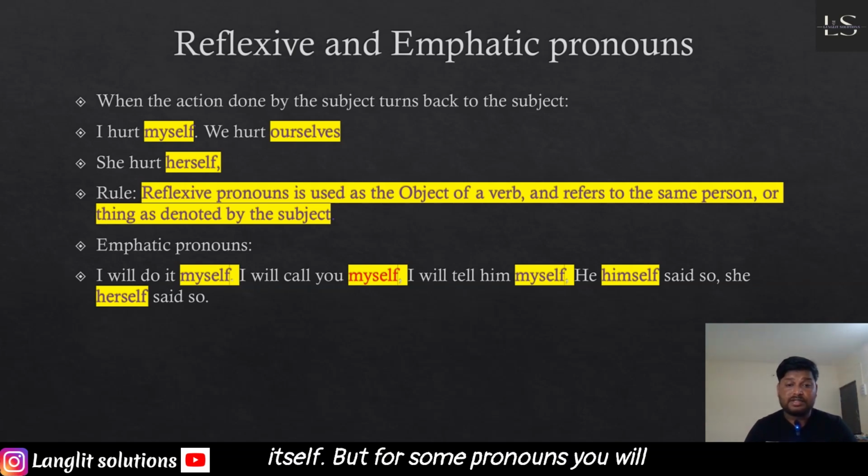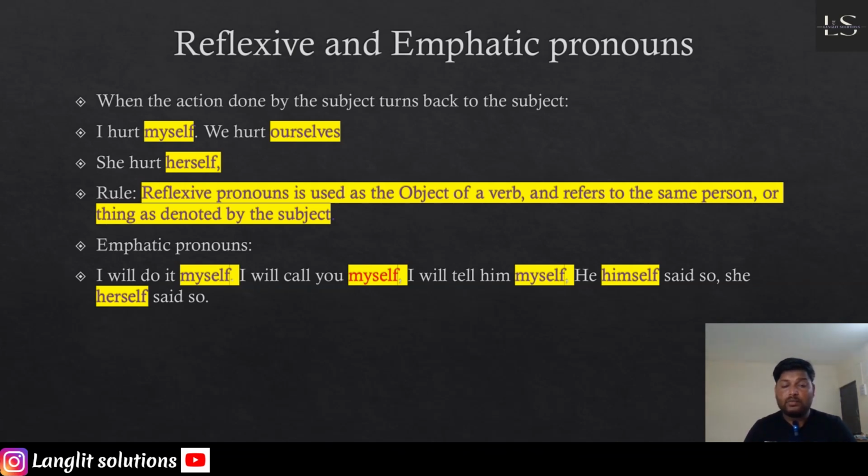But for some pronouns you will not be using self, you will be using selves. For example, we hurt ourselves. We are not saying ourselfs, we are saying ourselves. So please keep this in mind.